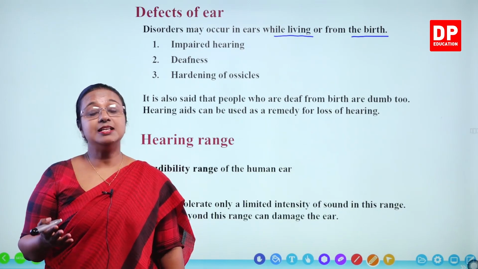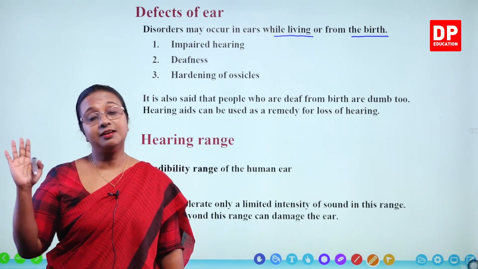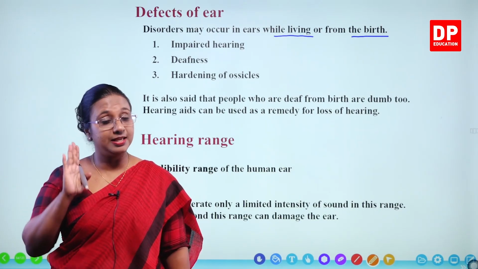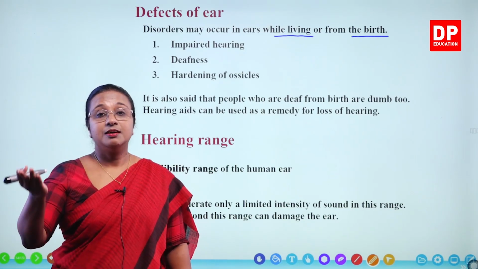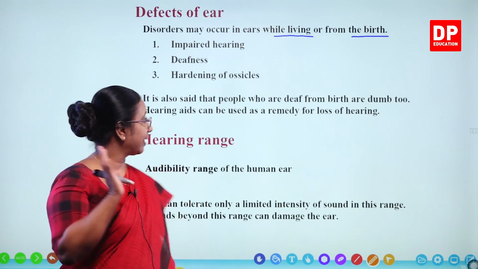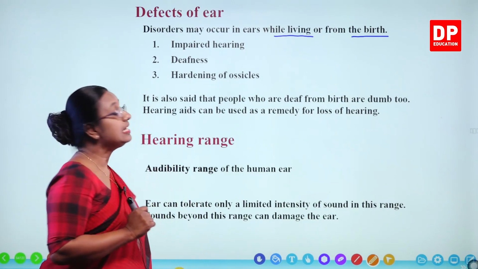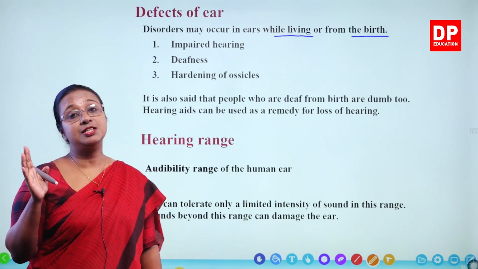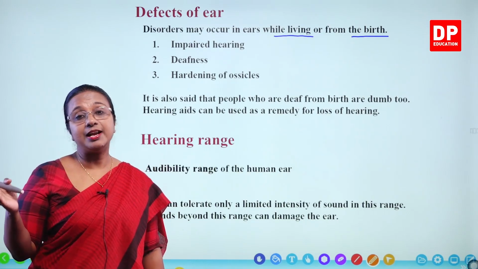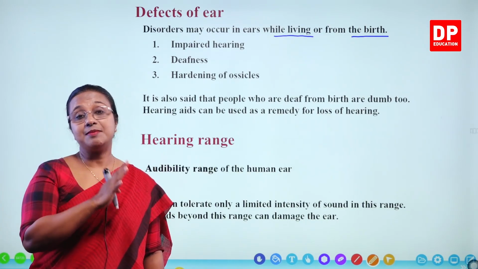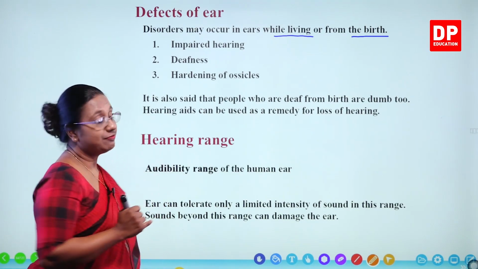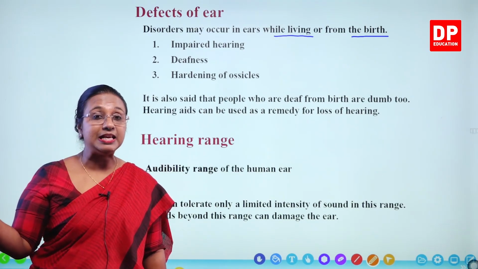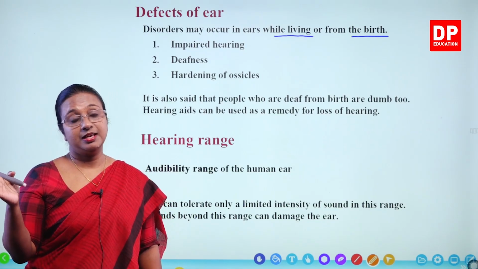It can be a sudden change, or it can occur gradually. You can hear but not very clearly. Then deafness. Deafness is a situation where you can't hear at all. That again can be a genetic thing or it can occur during the lifetime. So with deafness, you completely lose hearing.